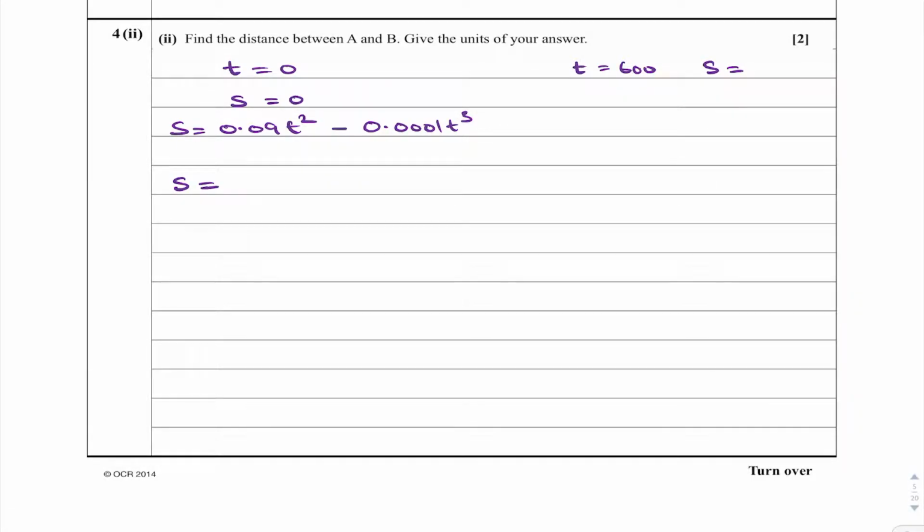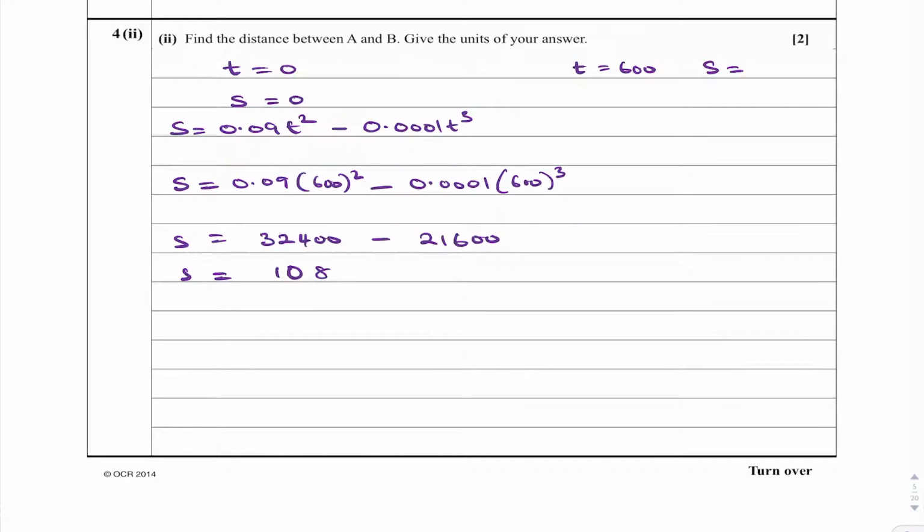So s equals 0.09 times 600 squared minus 0.0001 times 600 cubed, and that will give us 32400 minus 21600, and that gives 10800 meters, which equals 10.8 kilometers.